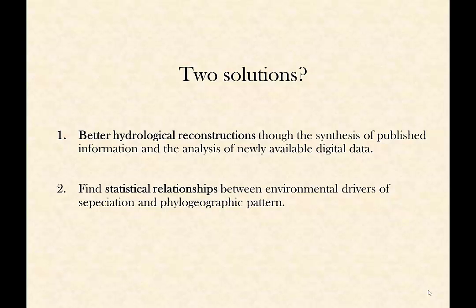So basically go on a data hunt, see what we can find, especially given the newly available digital data, high resolution terrain models from satellite imagery, other data sets, increasing availability of biological data sets, evolutionary trees, digital geological maps. So can we bring this information together in one place to improve our reconstructions of the landscape history?